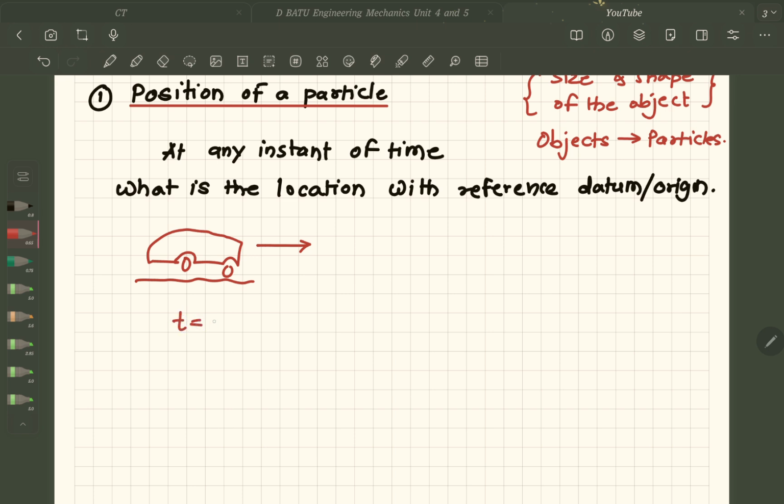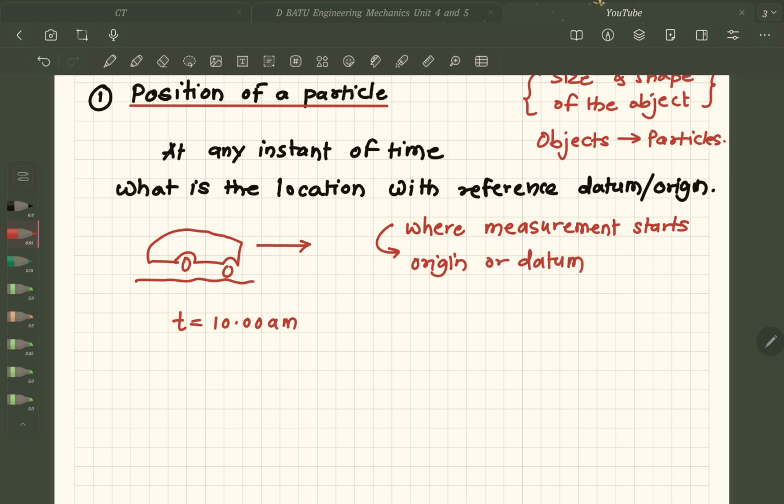Suppose I want to find out the position of the car at 10 a.m. To decide the position of the car, first we should know from where the measurement starts. The point from where the measurement starts is generally called the origin or the datum.